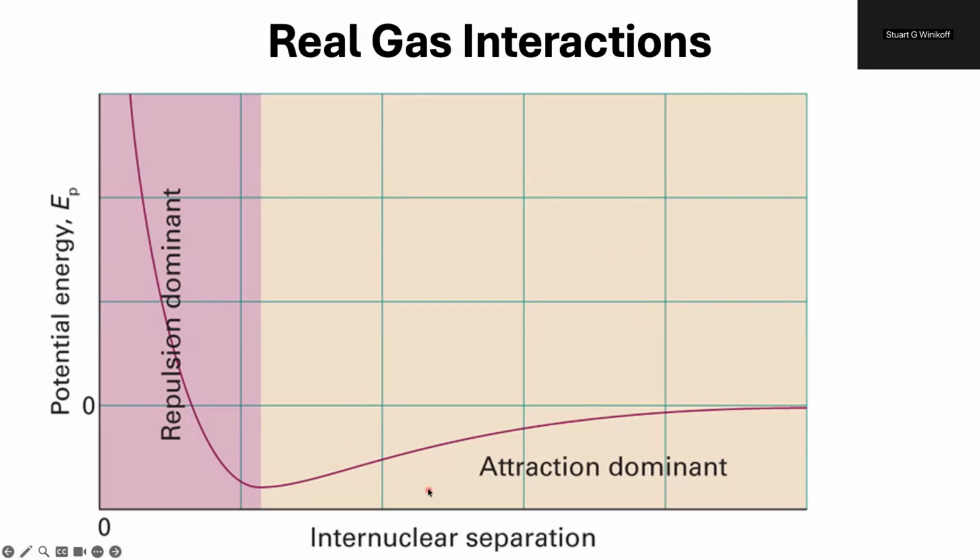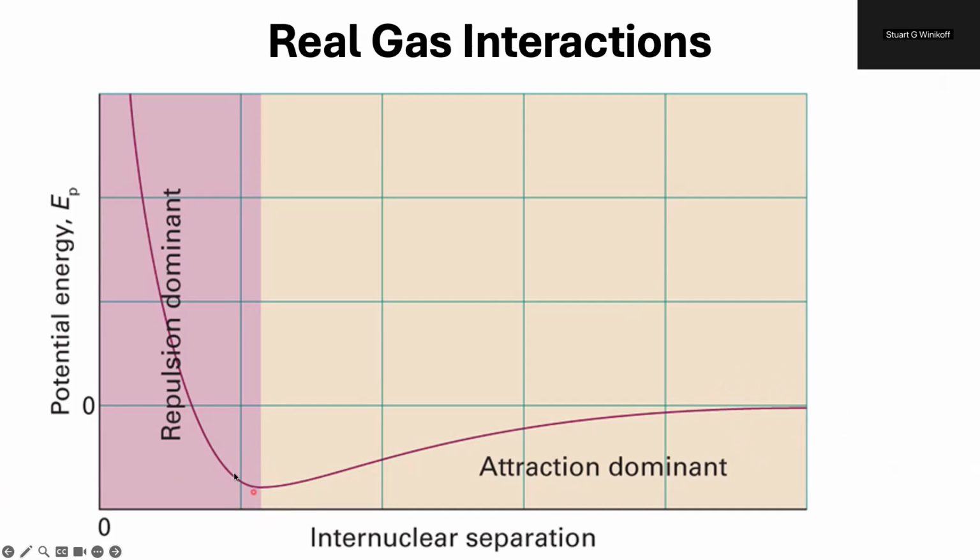So for any arbitrary pair of gases, for a given internuclear separation, there's going to be some middle distance at which the gases are going to have a potential well, where the gases will be more attracted to each other, pulling them together. However, if you get far enough out, this will essentially level off and gases won't see each other.